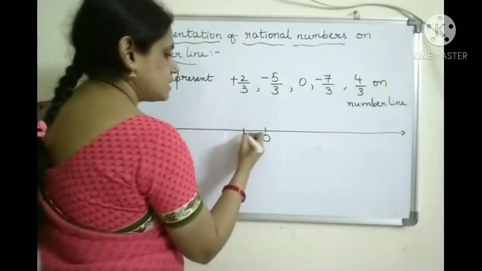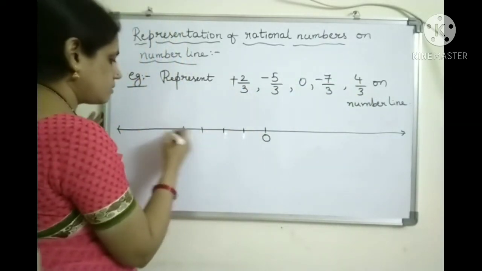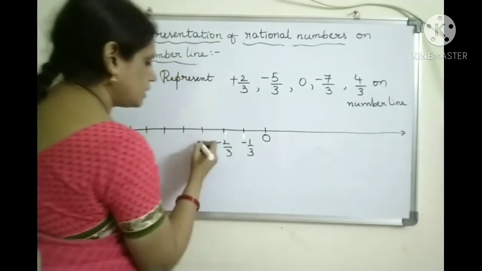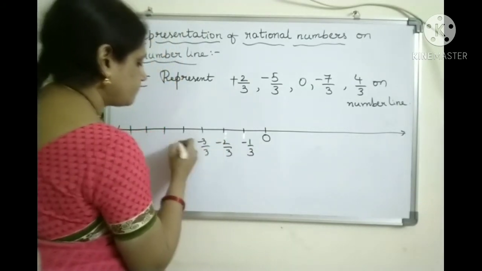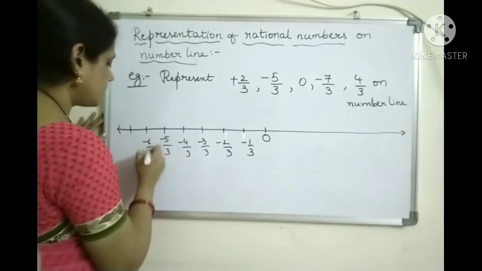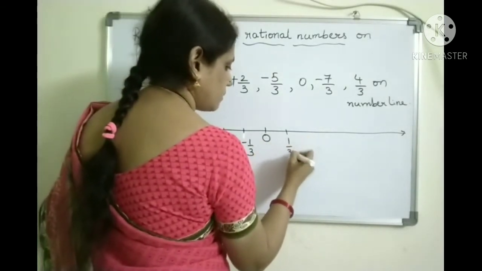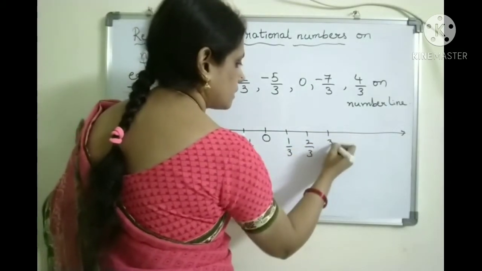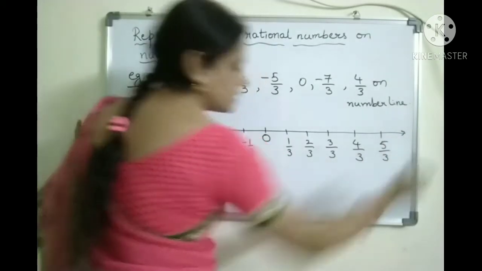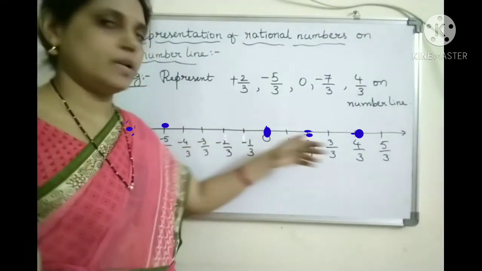Since the denominator is 3 for all the rational numbers, we can write minus 1 by 3, minus 2 by 3, minus 3 by 3, minus 4 by 3, minus 5 by 3, minus 6 by 3, minus 7 by 3, and here plus 1 by 3, 2 by 3, 3 by 3, 4 by 3, 5 by 3, etc. The number line can be extended on both sides.